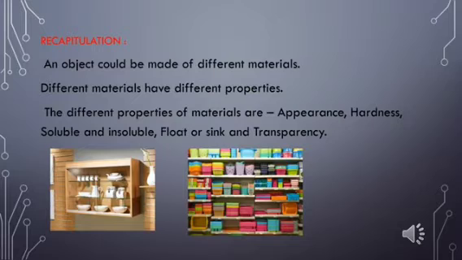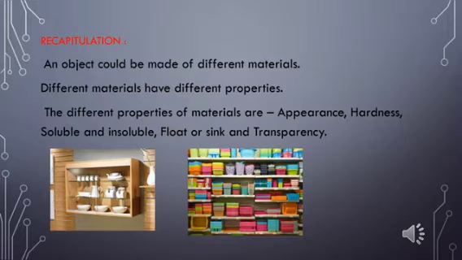So grouping can be done based on the shape of the object or the materials they are made from. For example, plastic, glass, steel, etc. Sorting can be done based on the properties of materials too. Different materials have different properties. The different properties of materials are appearance, hardness, soluble and insoluble, float or sink, and transparency.